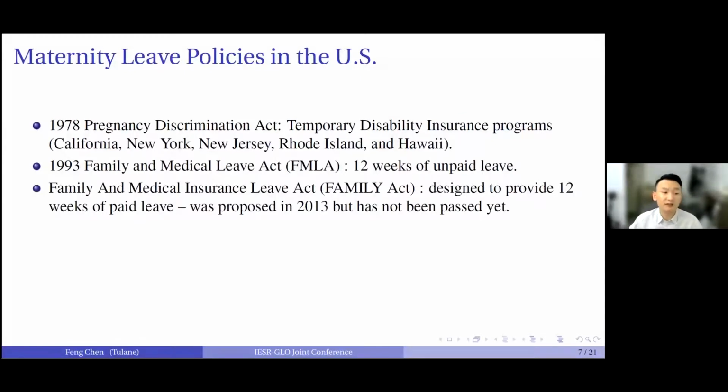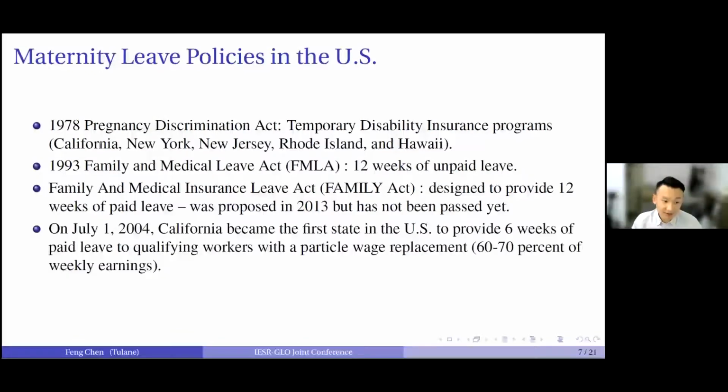And in recent years, there is the Family and Medical Leave Insurance Act, which was designed to provide 12 weeks of paid leave. It was proposed in 2013, but has not been passed yet. However, there are some states that do have paid leave for mothers. On July 1st, 2004, California became the first state in the US to offer 6 weeks of paid leave to qualifying workers. The wage replacement rate is around 60 to 70%.